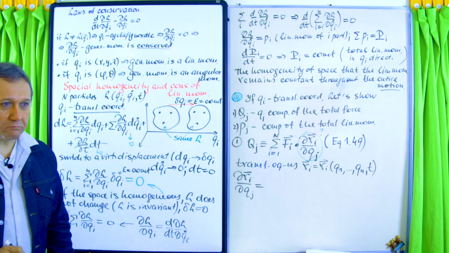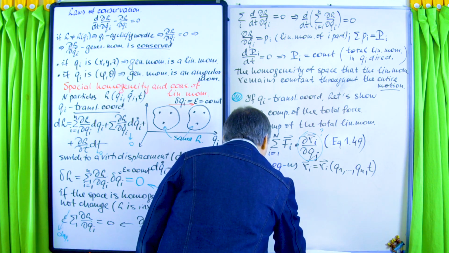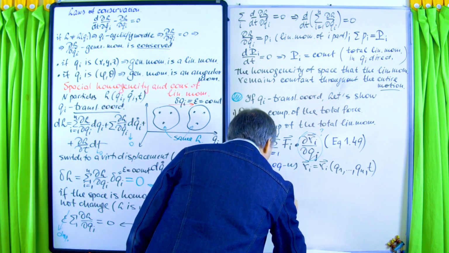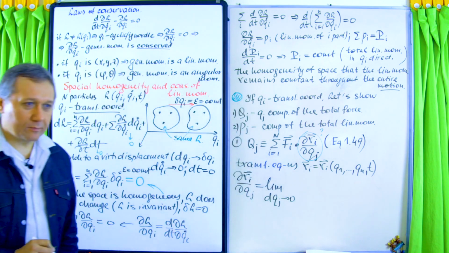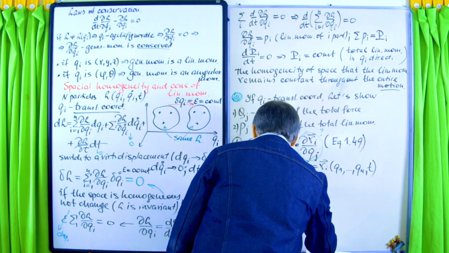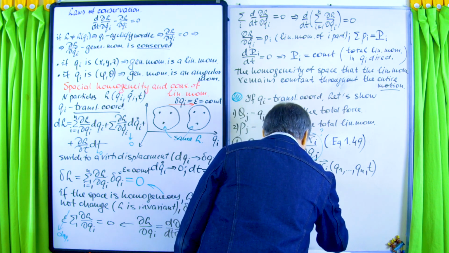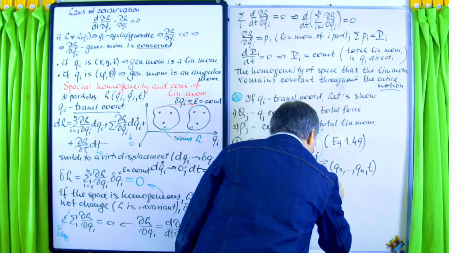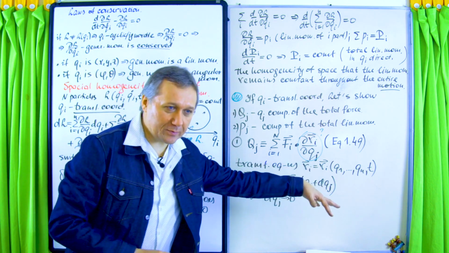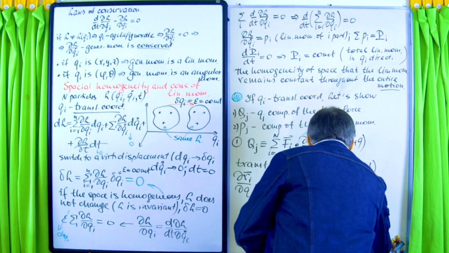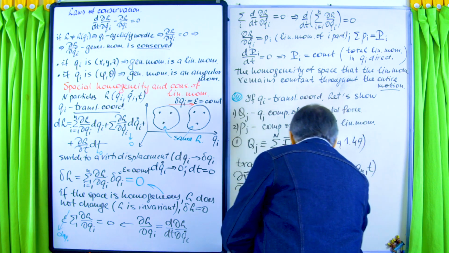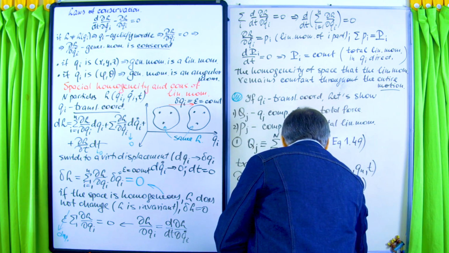From the point of view of calculus, of course it's a limit, when this dqj goes to 0, of the ratio: Ri at Qj plus dqj, minus, so it's a sort of final position after the displacement, minus the position before displacement, and of course divided by dqj.